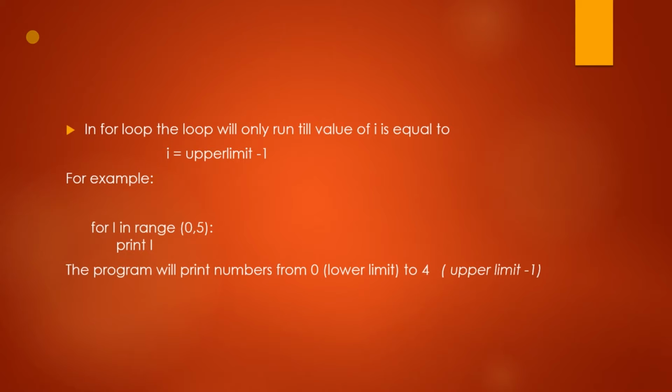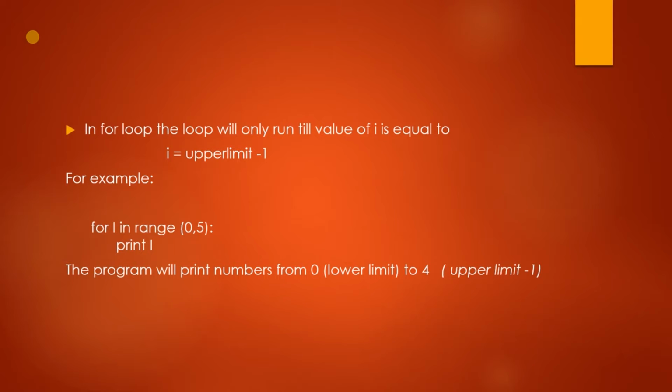So what this does is that i's value is going to start from 0 and it will keep on incrementing until it reaches 4, not 5, till 4. So what we're going to get in the output screen is 0, 1, 2, 3, 4.